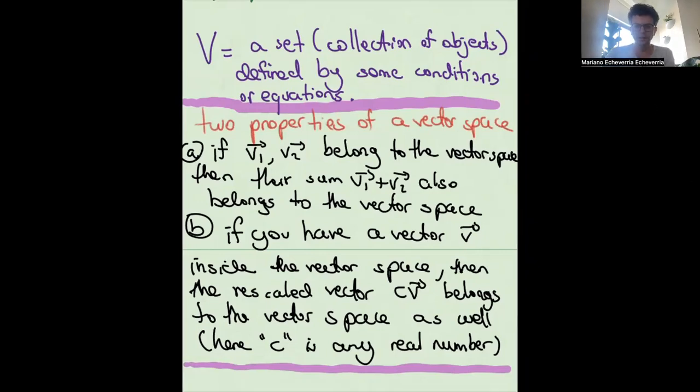That making sense? I'm about to do some examples to show you how this looks. But again, the key idea to keep in mind is that vector spaces are things where the sum continues to be inside of it and a rescaling of the vector continues to be inside of it. Those are the two main conditions for a vector space.